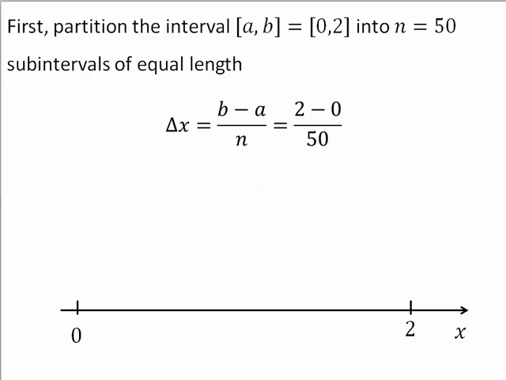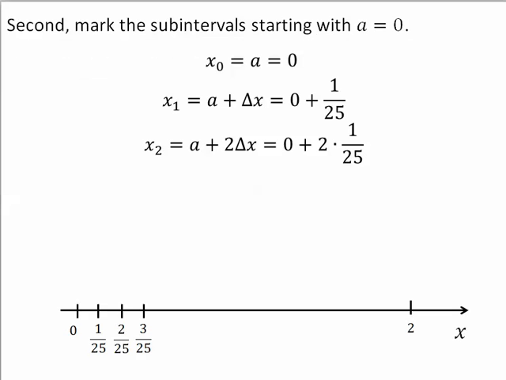First, partition your interval into 50 subintervals of equal length. So each subinterval is going to be of width 1/25. Second, mark the subintervals, starting with your left endpoint of your interval.